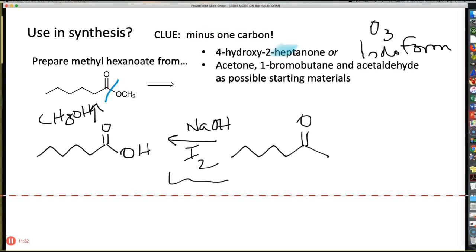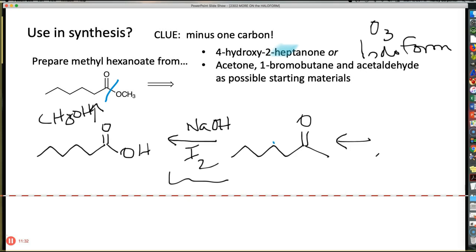So I have the 2-heptanone here. What I'm talking about ultimately starting with is this. And if I'm talking about that as my ultimate starting material, that is making me think aldol, screaming aldol. Alright, so how do I go from here back to an aldol?